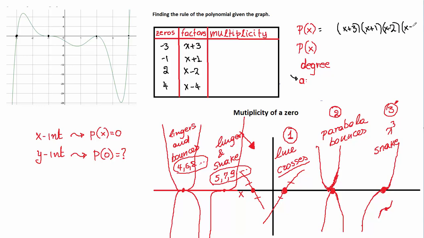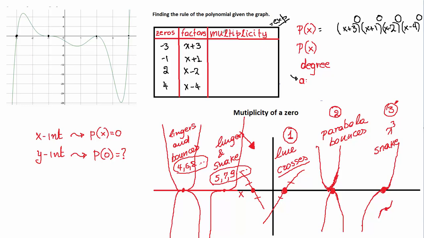But the next step that we want to take is to see what is the multiplicity for each one of those factors. Remember that the multiplicity is nothing else than the exponent of the corresponding factor in the format of the polynomial. So this is going to be nothing else than the multiplicity of the corresponding factor that we find in our table.